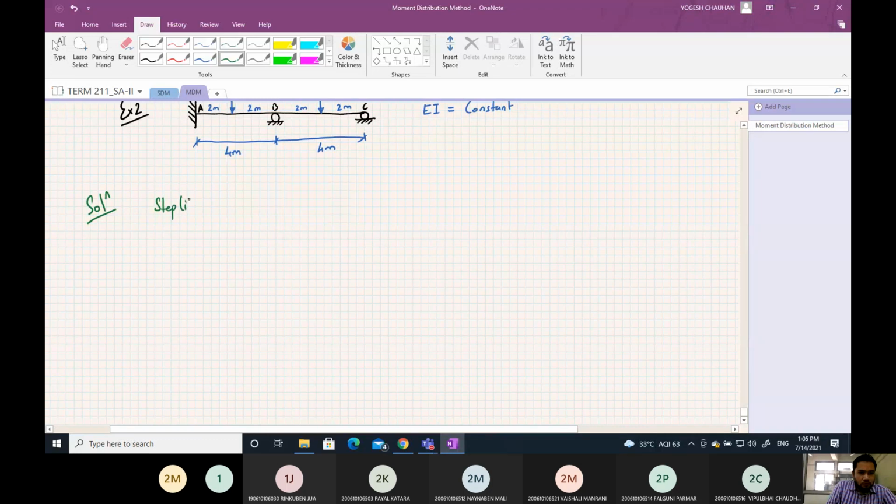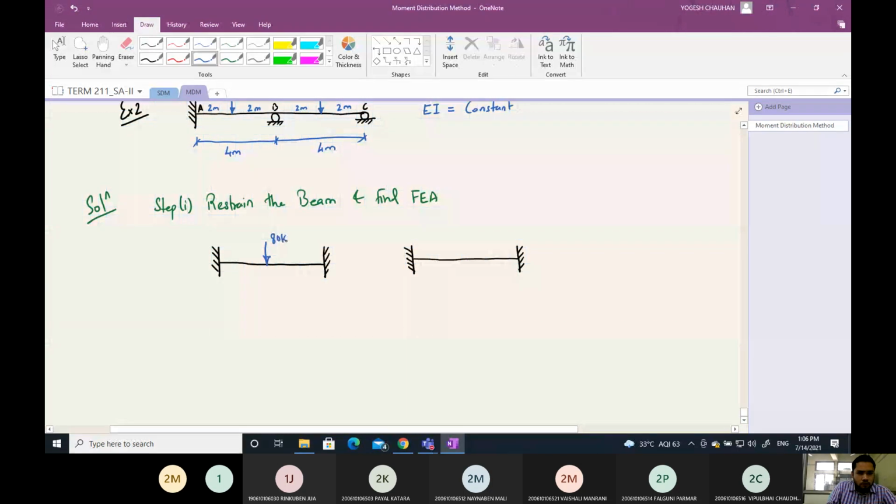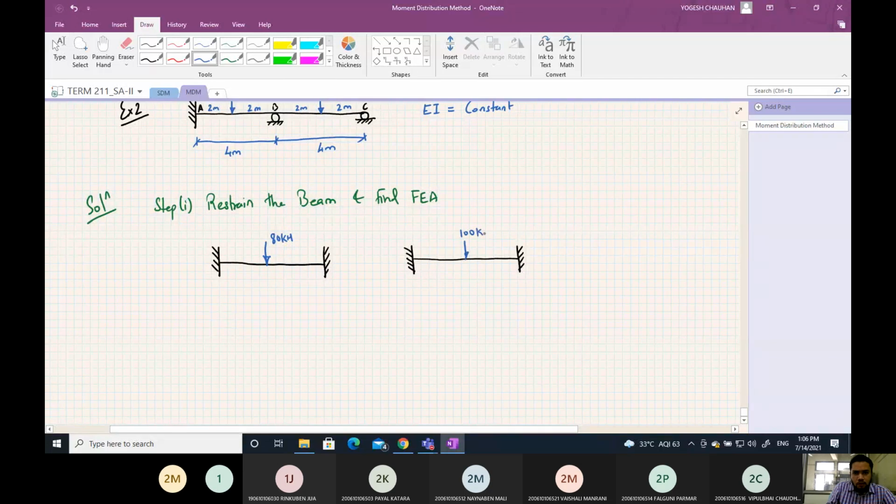So step 1: restrain the beam and find the fixed end moments. Let us restrain. This is 80 kilonewton and this is 100 kilonewton.